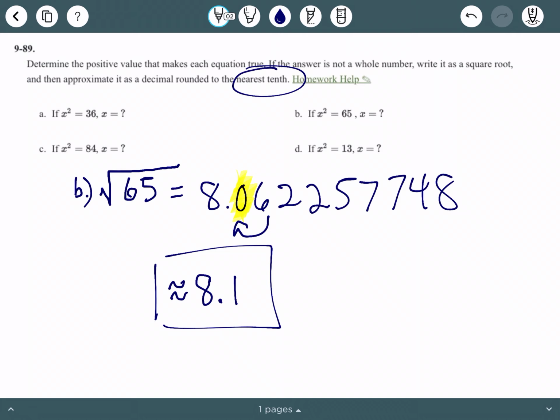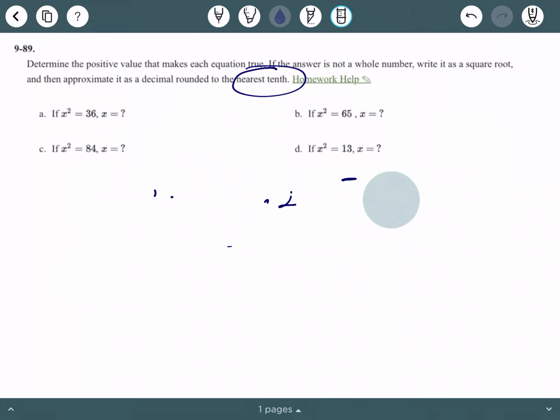All right, next we're going to move on to C here. For C, it tells us that x squared equals 84. So what is x? Well, let's keep doing what we're doing. We're going to take the square root of 84. And I know that 84 is not a perfect square, so we will get a decimal.